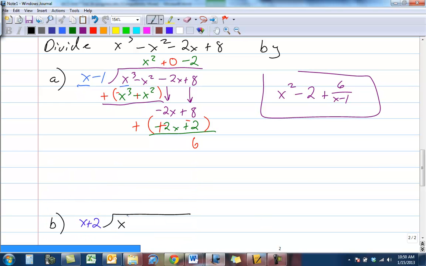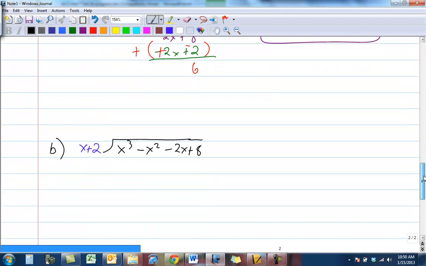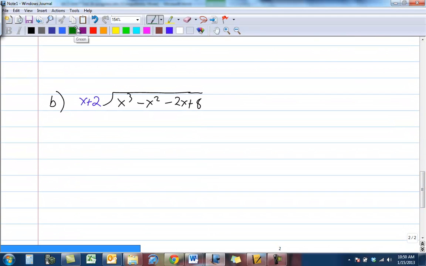So we're going to divide x cubed minus x squared minus 2x plus 8 by x plus 2. Okay. So, two terms in, so we're at the second term. Got to make x squared look like x cubed. So multiply by x squared. We got x to the third plus 2x squared. And we're going to subtract this.